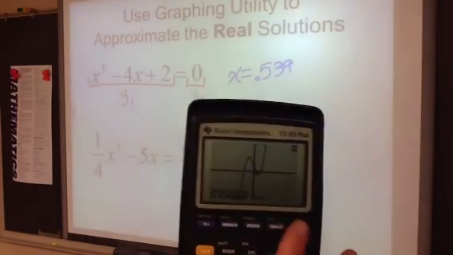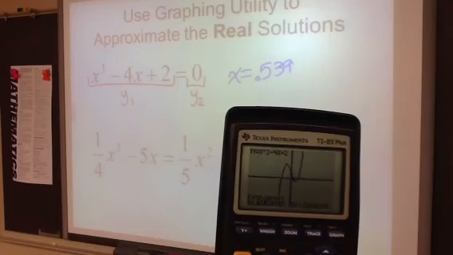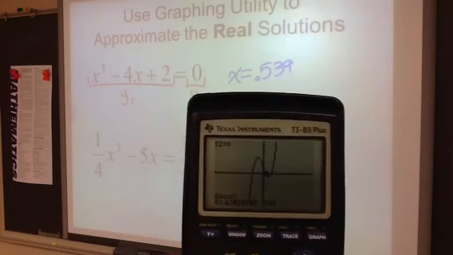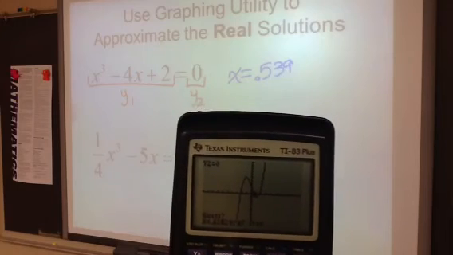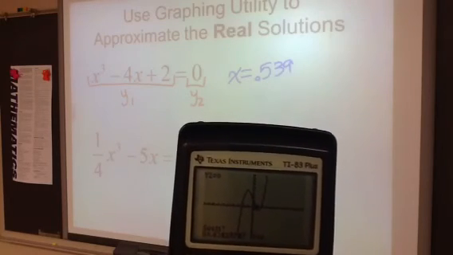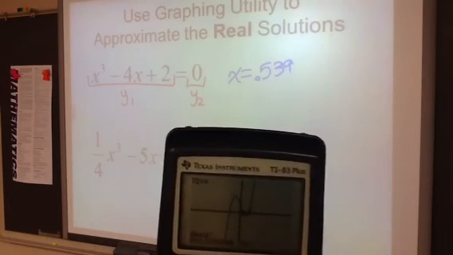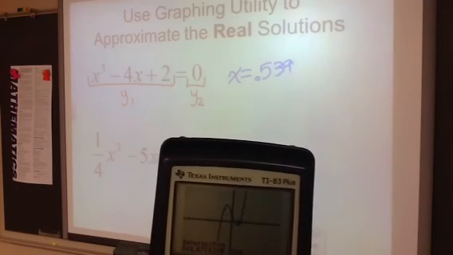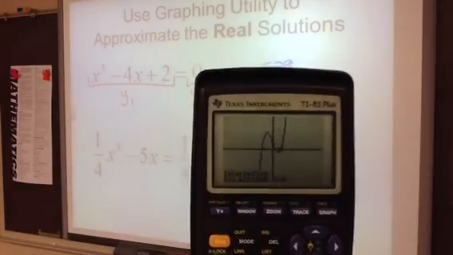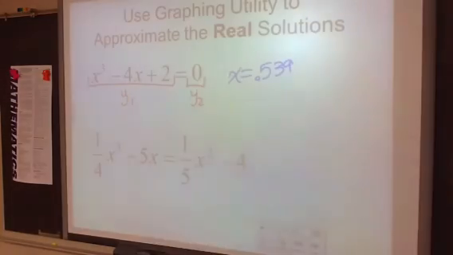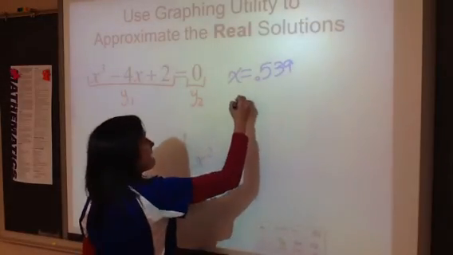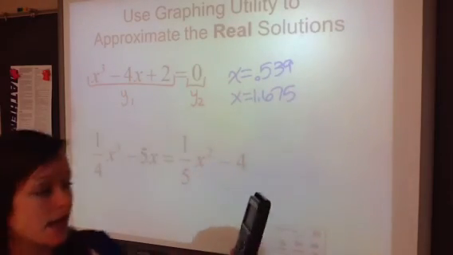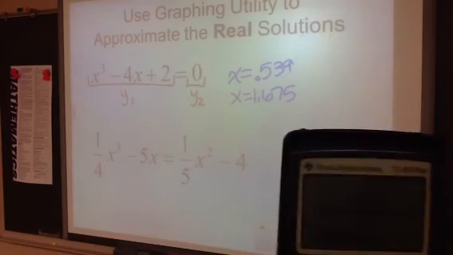I'm going to do the same thing. I'm going to hit second, trace, intersect, first curve, enter, second curve, enter. But now it has my guess still around that same spot. So I'm going to move my cursor over to the right and see if I can get that right point of intersection. And it gives me 1.675. And you guessed it, you do the same thing for the next one.